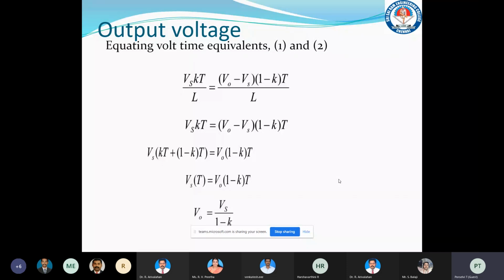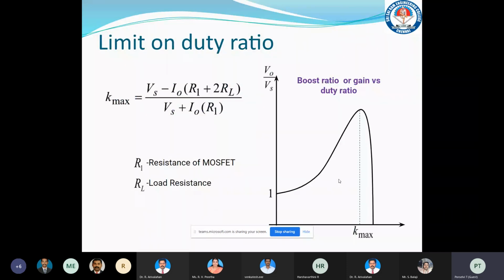But in the practical case, your K cannot be 1, and so we will not be able to get infinite voltage at the output. So there is a limiting value of duty ratio. Your K can have its maximum value as given by this expression, which is Vs minus I naught into R1 plus 2 into RL divided by Vs plus I naught into R1, where R1 is the resistance of the MOSFET and RL is the load resistance.